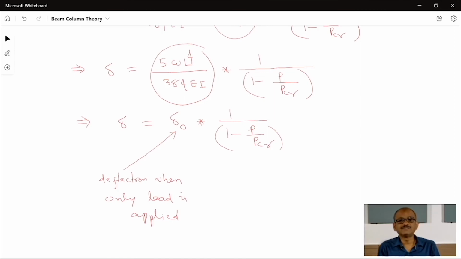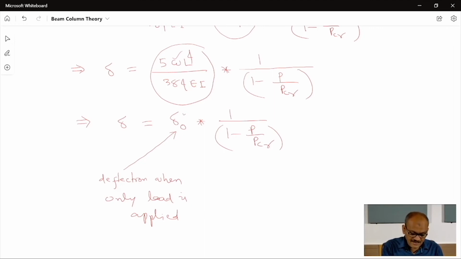For a simply supported beam, when uniformly distributed load is applied, the deflection at the center is 5 W L to the power 4th divided by 384 EI.